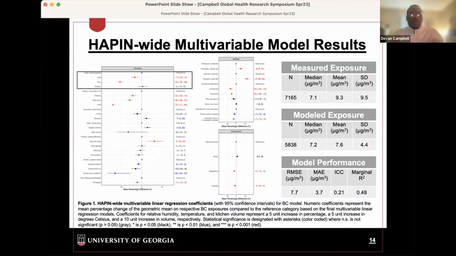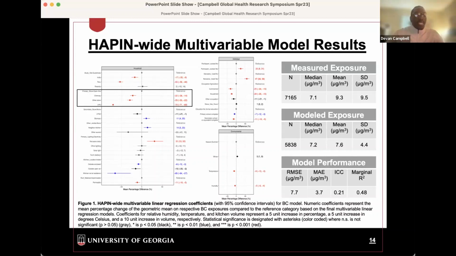Now, to start things off, we see a lot of variation in Black carbon exposures according to study site. Pregnant women that live in India and Peru are shown to have lower exposures than those living in Guatemala. We also see that participants using LPG stoves have lower Black carbon exposures than those that use open fire stoves.